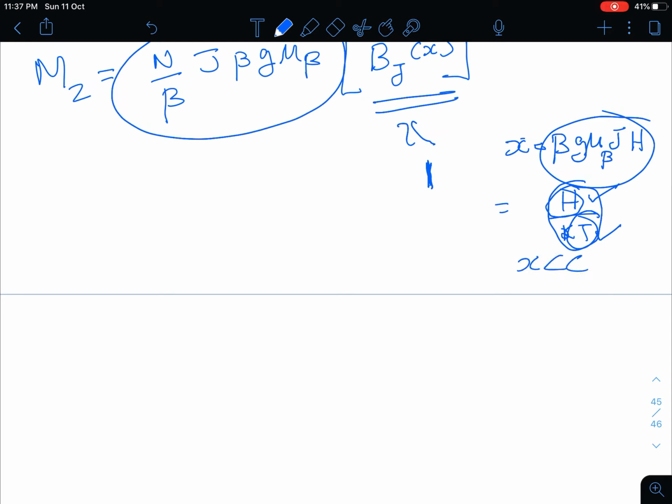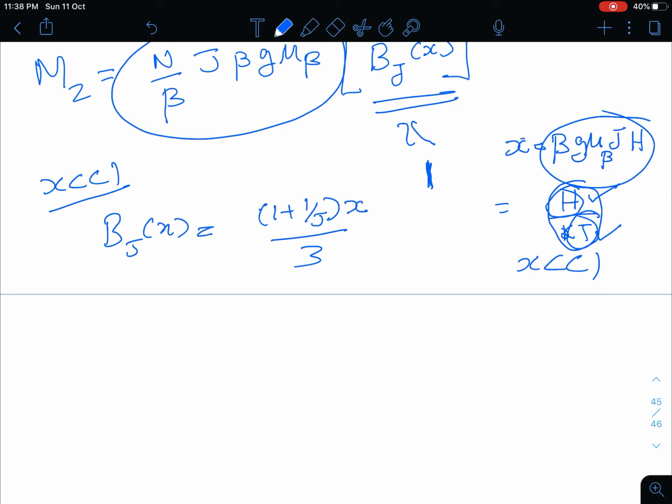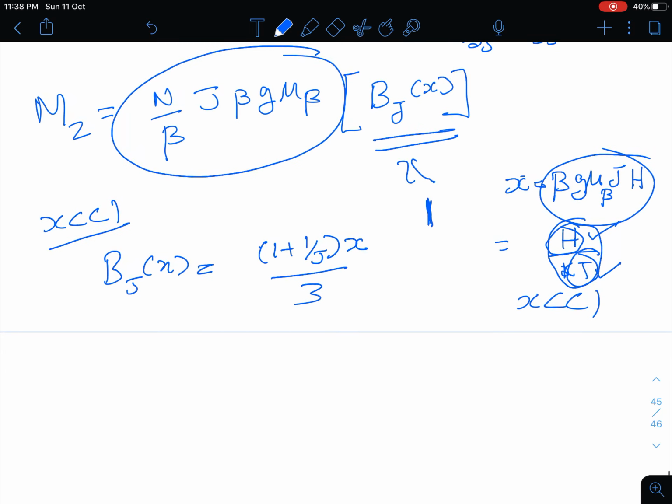So when x is much less than 1, bj of x would be, you have to remember, something like 1 plus 1 by j x by 3. This is the value it takes.